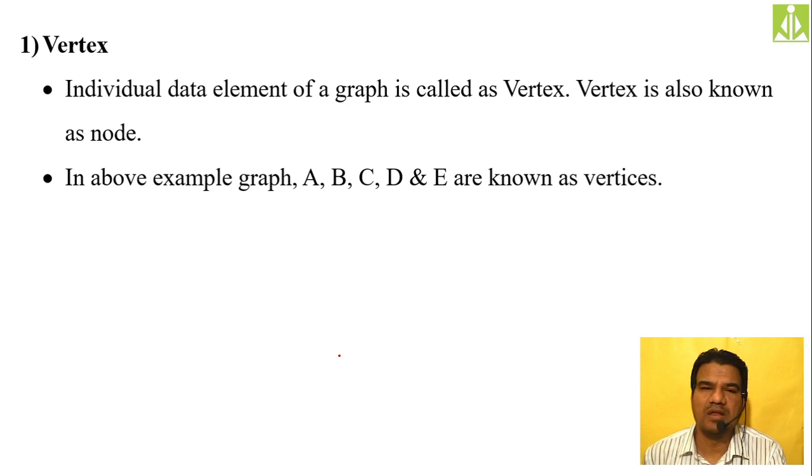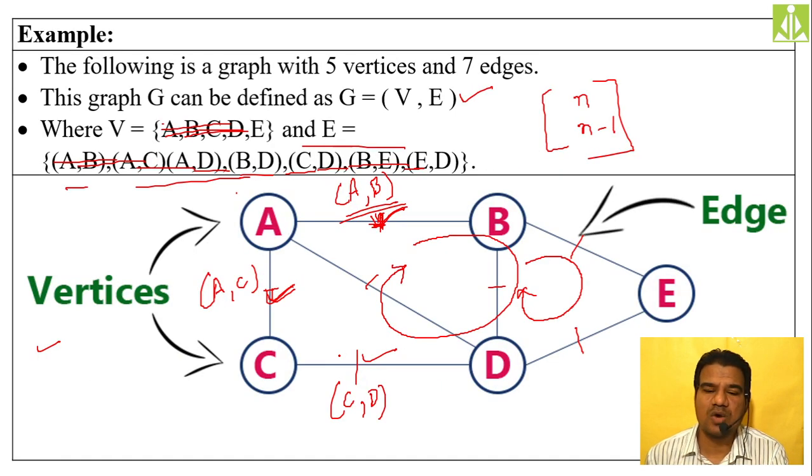Whatever individual data points we are having, we are calling them vertices. A vertex is also known as a node, where it is going to have the data part and links to other nodes. So a vertex is the data element present inside your graph.